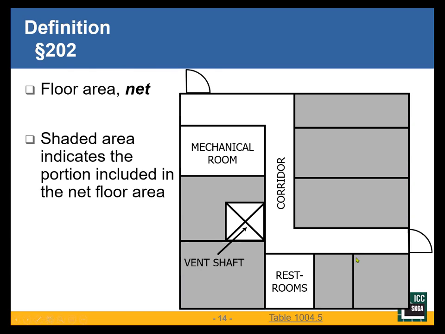So if I take just the net area and divide it, I come up with, I'm just going to make a number, 100. If I take the entire floor area and don't worry about either the gross or net concept, I'm going to come up with a higher occupant load.